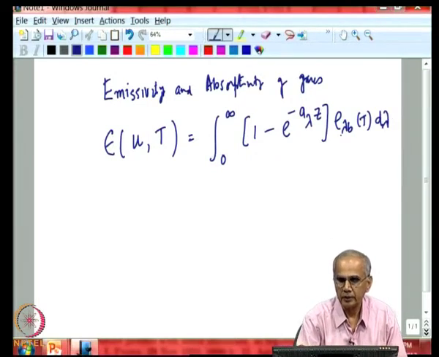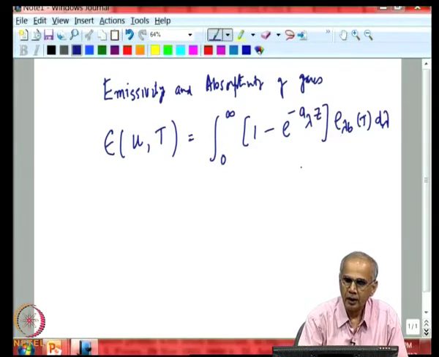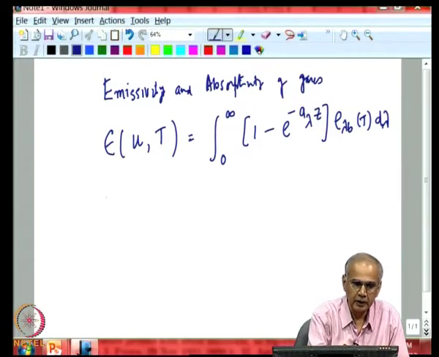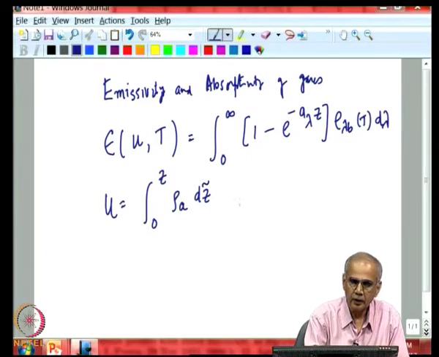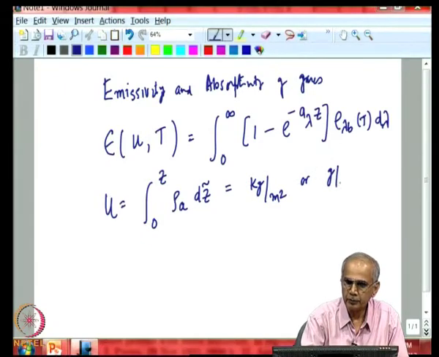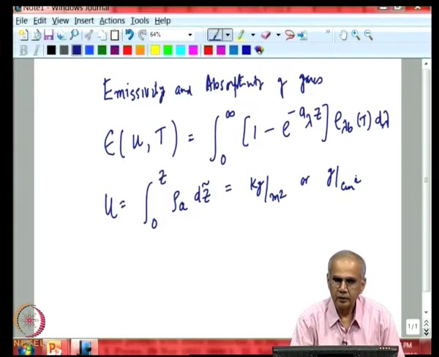This quantity, the integration over wavelength of the absorption coefficient, has to be done by somebody, and here the path length is nothing but the total amount of the absorbing gas along this path, usually measured in kg per square meter, or grams per centimeter squared in the older system of units.